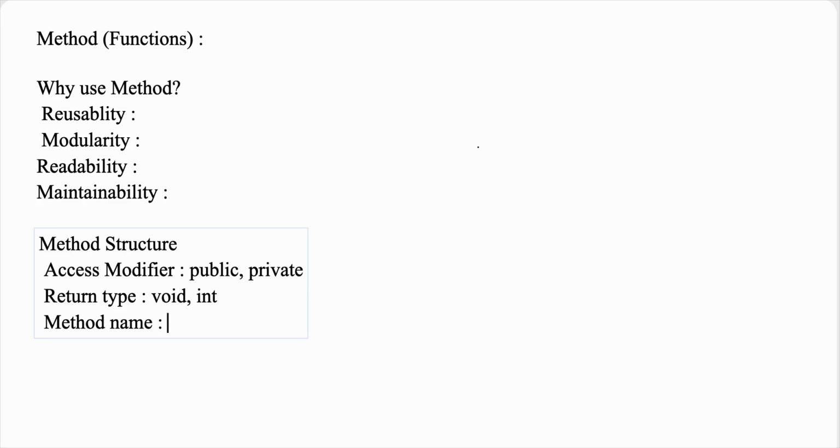For that we need to give a proper naming convention. For that I can give an example, calculateSum. These kinds of names you have to give for the function, for the method. So it's a rule.